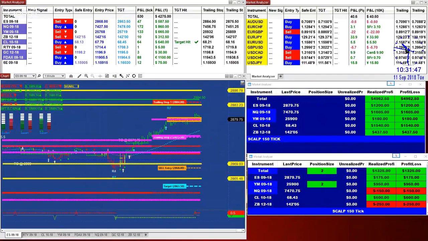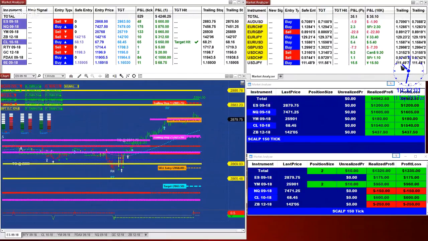On chop days the B scalper can really do a good job. The B scalper is actually for a flat market, like overnight or 2-3 hours before the markets open. It is a very good system to use.